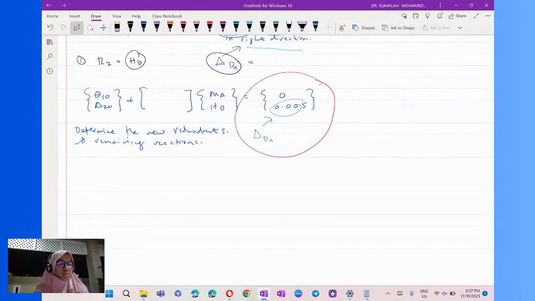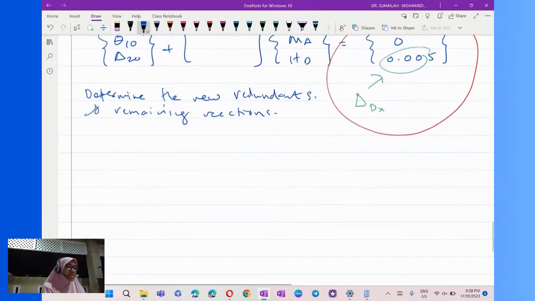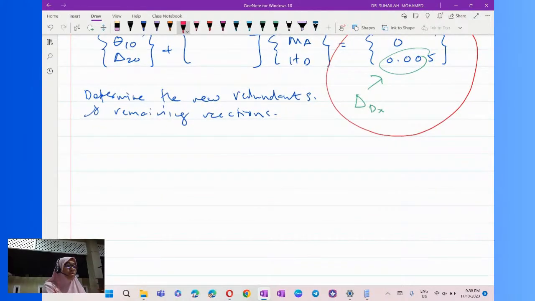Okay, so I actually want to continue another session to discuss further analysis of flexibility method, but not in this session. Further session. You have to know, because that is not new to you actually.